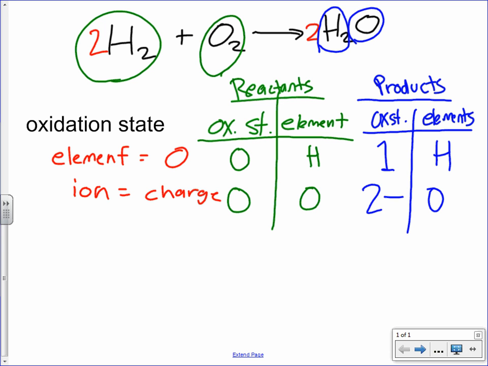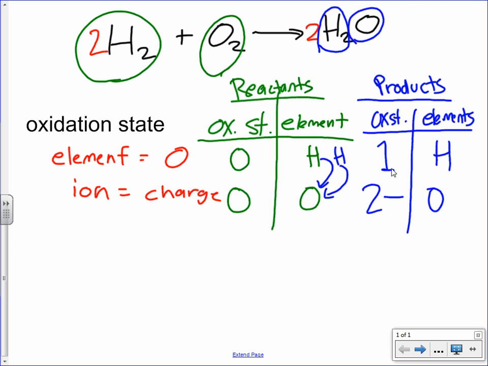So we'll say -2. Okay? So basically what happened is each hydrogen atom gave up 1 electron to oxygen. Okay? Remember there's 2. So each one of them gave an electron to oxygen, causing the hydrogen atoms to have an oxidation state of 1, and oxygen now has a -2.